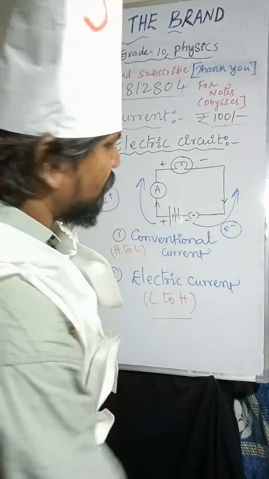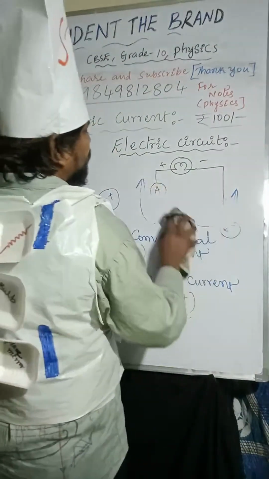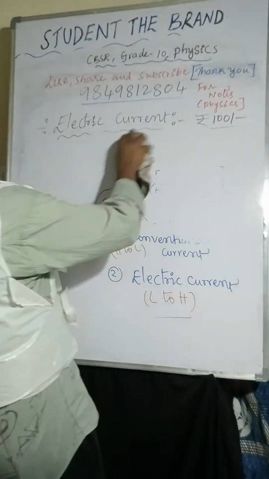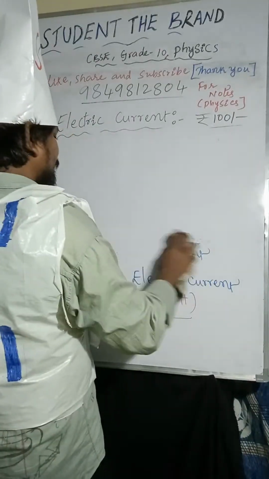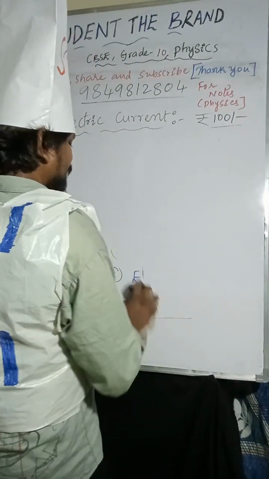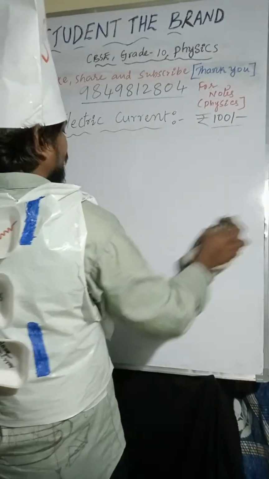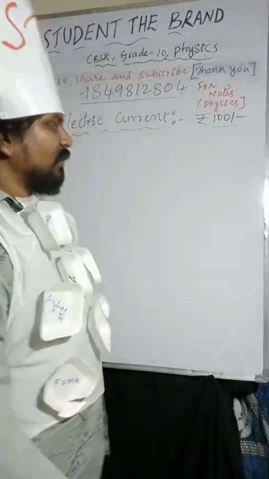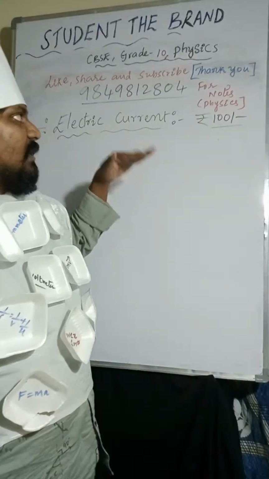Next one. So that is about electric circuit, conventional current and electric current.